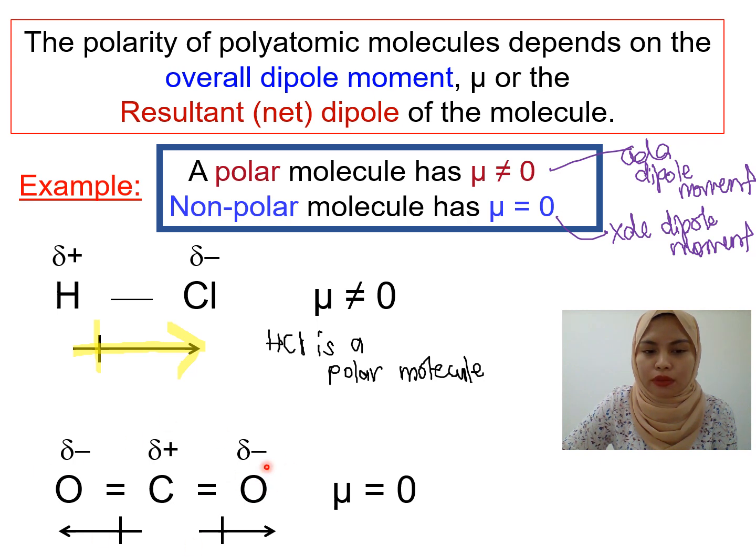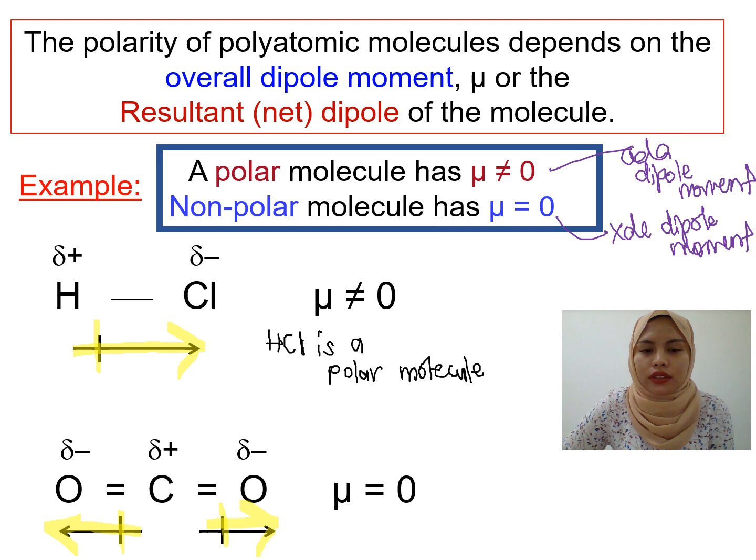Nak tahu molekul ni punya polarity, you have to look at the overall dipole moment of the molecule. So if you look at here, you lukis dahulu bond dipole of this molecule. This is the bond dipole of the molecule lah, which the bond dipole tu bergerak daripada carbon ke oxygen, sebab carbon less electronegative than oxygen atom.